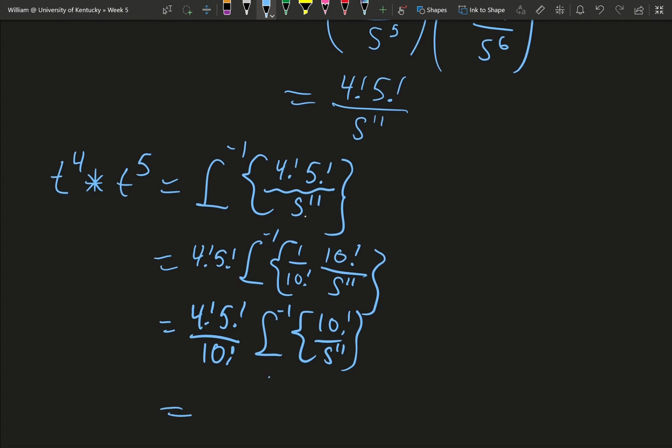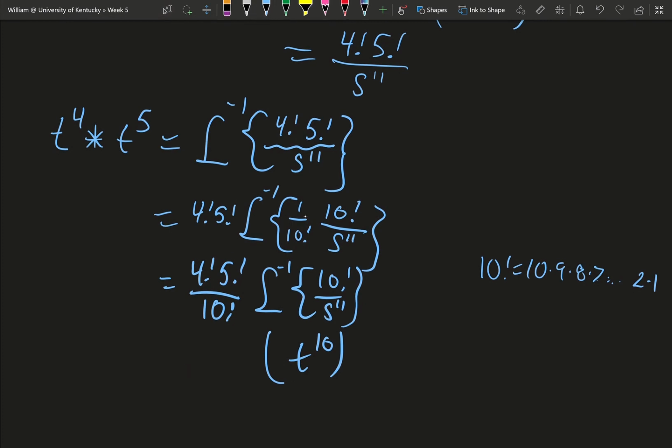So this then is just going to be t to the 10th. And now, remember what the factorial is, right? So 10 factorial is 10 times 9 times 8 times 7, all the way down to 2 times 1. So it's the product of the numbers 1 through 10.